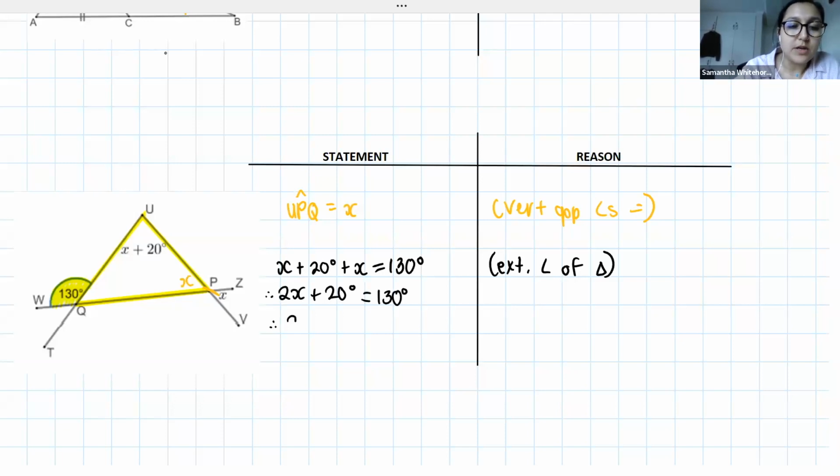I'm going to use inverse operations, so subtract 20 on both sides of my equation. So 130 minus 20, sorry. And so I go 2x is equal to 110. Now remember, I'm solving for x, so I need to divide both sides by 2. And so x is equal to 55 degrees.